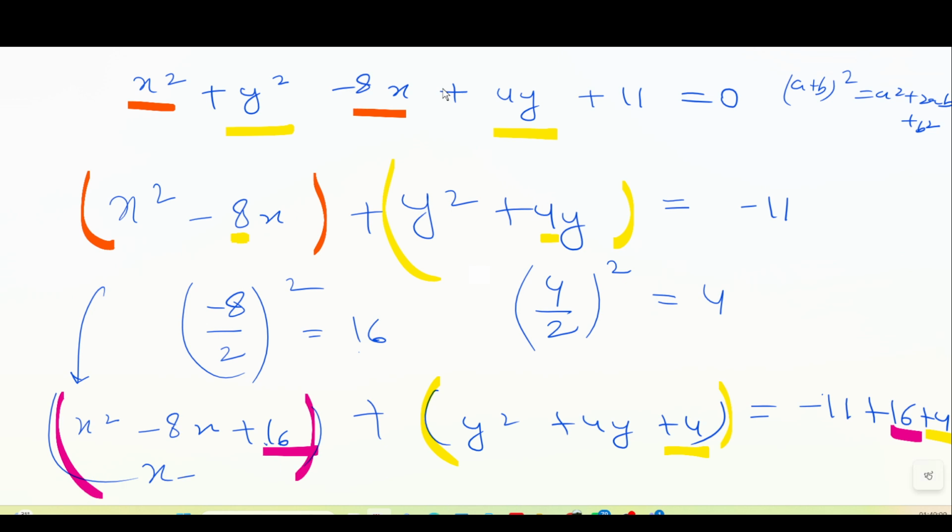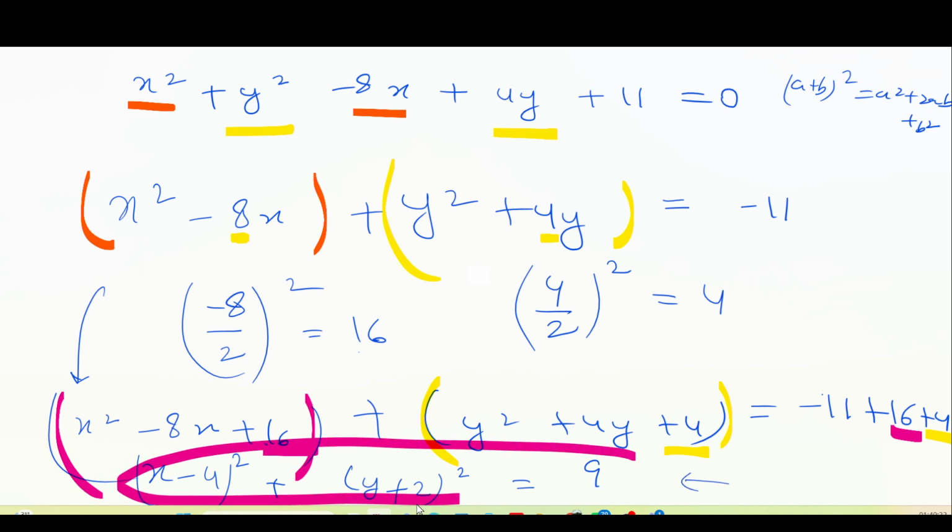And here we have a negative sign, so it's x minus 4 whole squared. And on this side we have y, this is positive, so plus 2, since 4 is 2 squared. So y plus 2 whole squared is equal to, if we solve this, 16 plus 4 and then subtract 11, we get 9. Now this is in the standard form, right? This is the standard form.